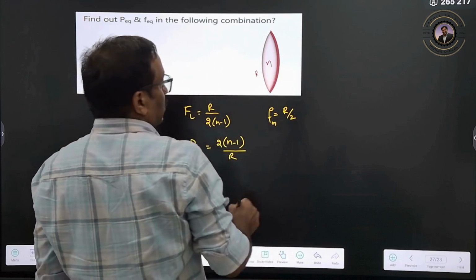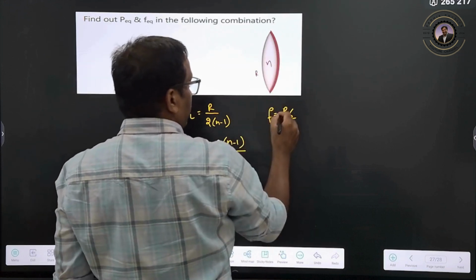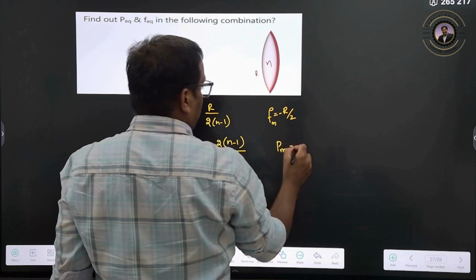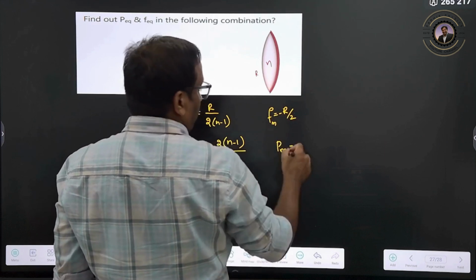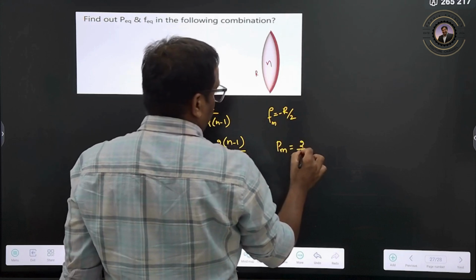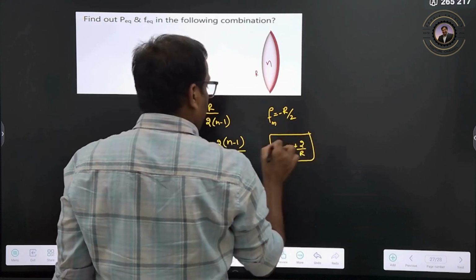Clear. So now it is minus, and the power of the mirror will be equal to minus 1 by f, therefore it is 2 by R plus.